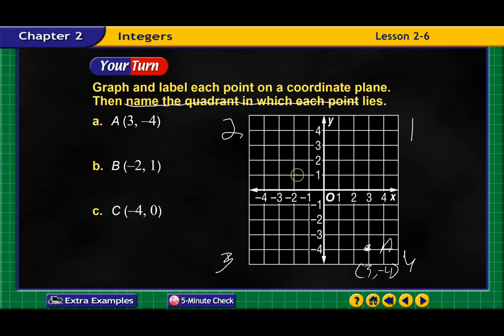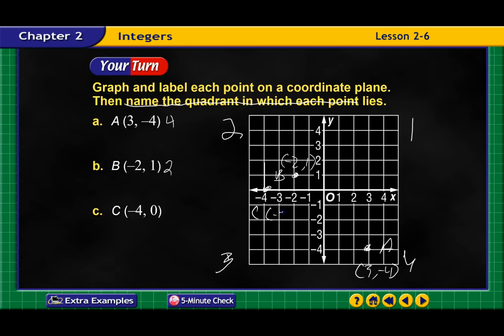-2 and +1. Going to go here, so that's going to be B. It's going to be -2, 1, and that's going to be in quadrant 2. And -4, 0 is going to end up here.